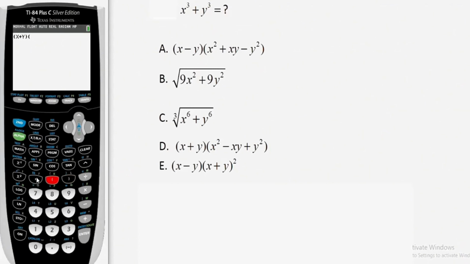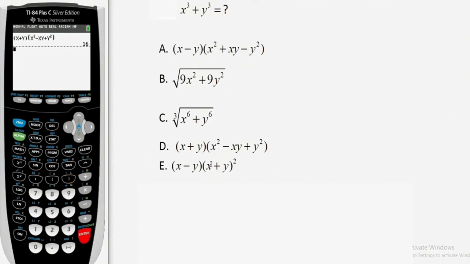So we have X square, alright, minus X Y alpha this, okay, plus Y alpha this square. So that's it. Close the bracket. Let's now press enter to see if we're going to have 16. Okay, 16 exactly. So the correct option is what?